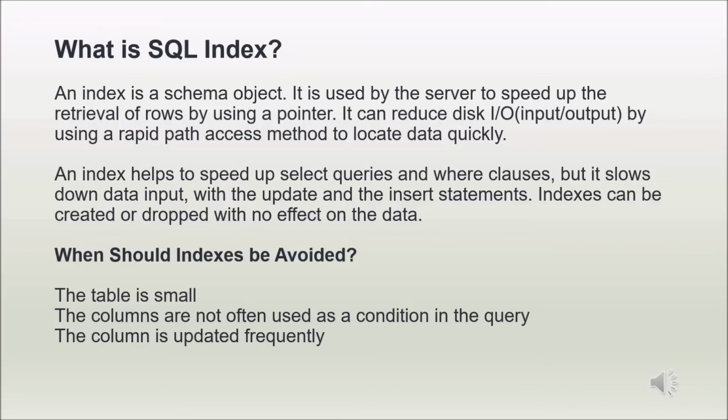So what is the advantage there? We cannot go through the whole book to find where that concept is written. So no need to search all the pages in the book.